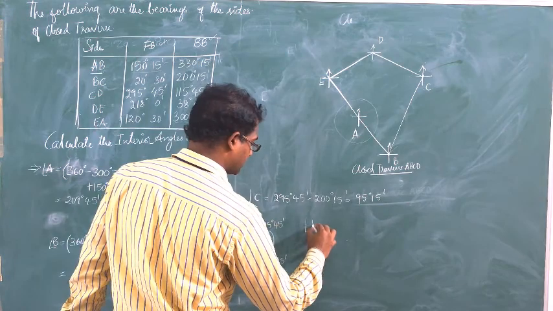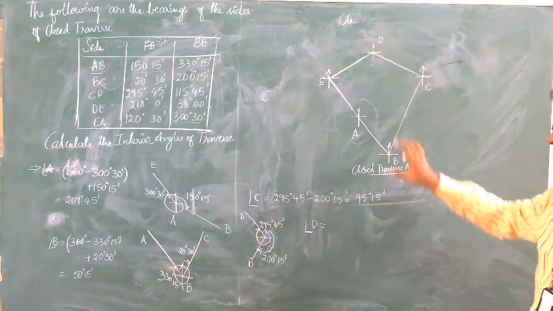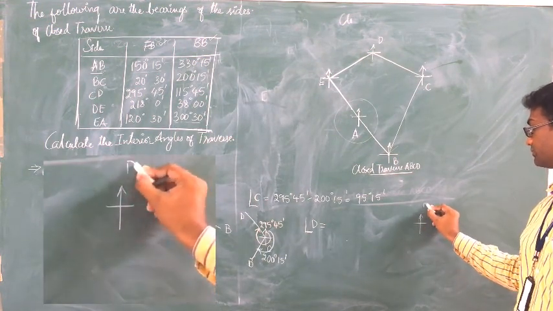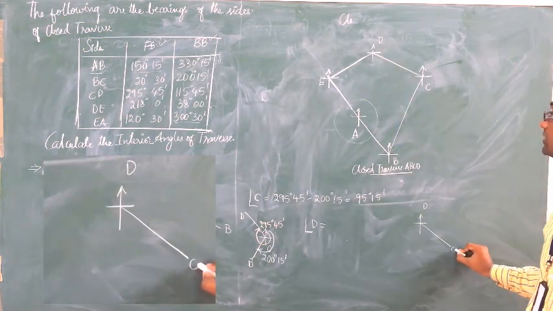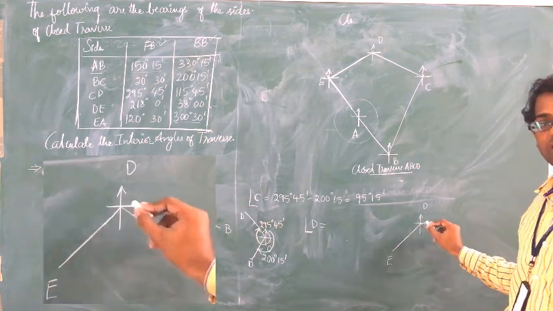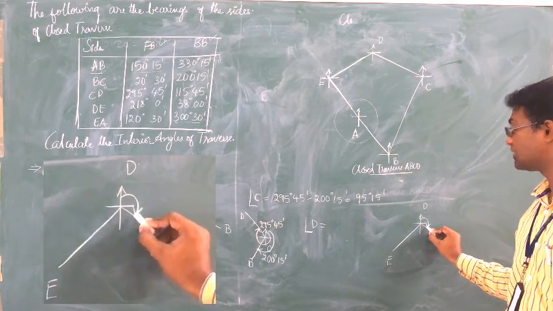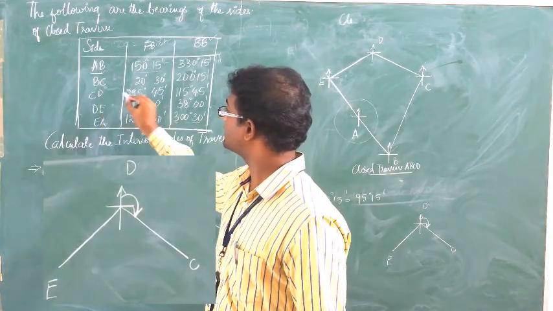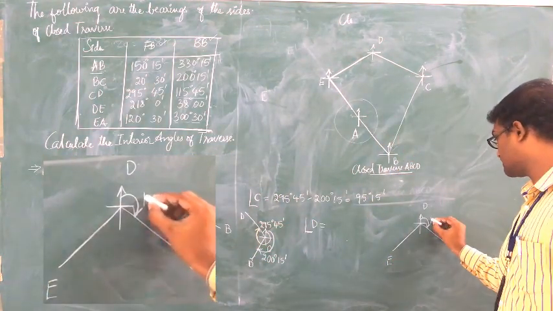Now angle D can be written as, now draw the station D here. You have two lines, C, E. From D, you know two bearings. One is from DC. So it is by bearing, it is 115 degrees 45 minutes.